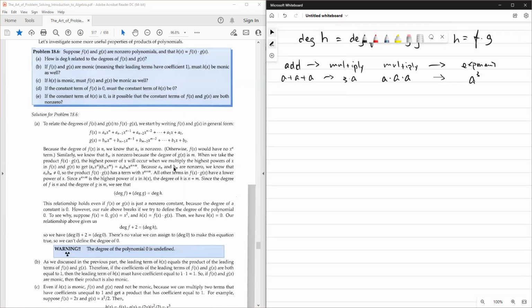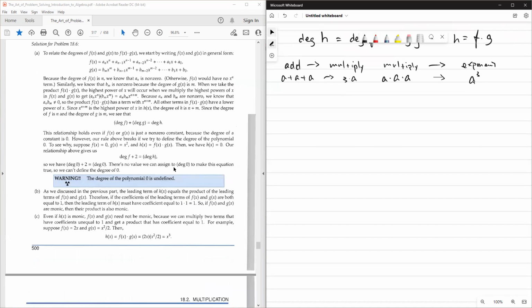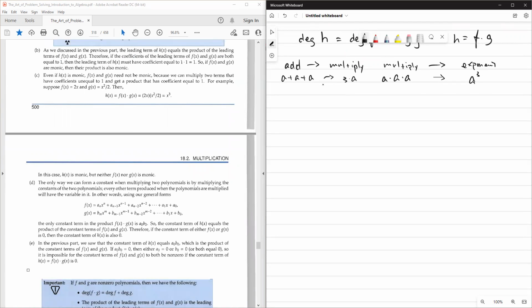No, it's actually, yeah, sorry. Yes, it has to be. When it's monic, that means the highest term coefficients a_n equals 1 and b_m equals 1.